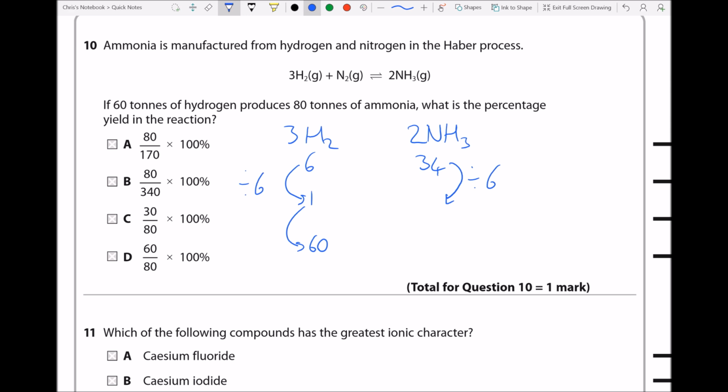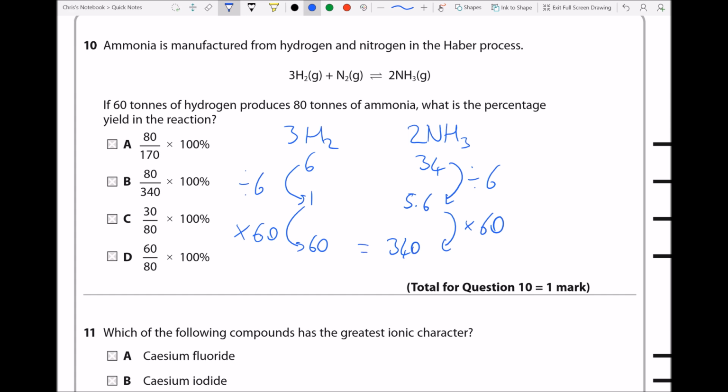So 34 divided by 6 is going to give us 5.6. And then obviously to get from 1 to 60, we times that by 60, and we do exactly the same on that side. So 5.6 times by 60 is going to get us 340.